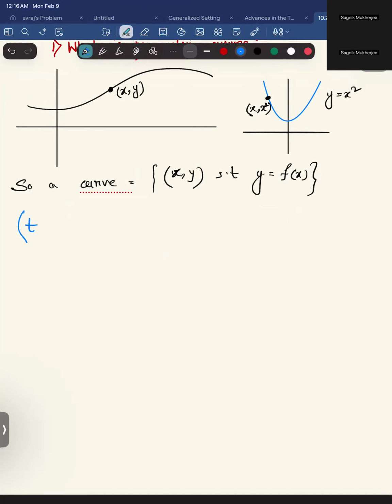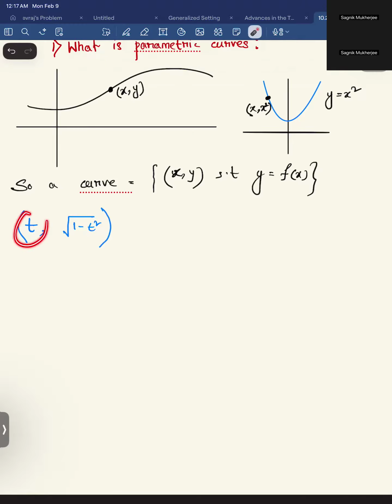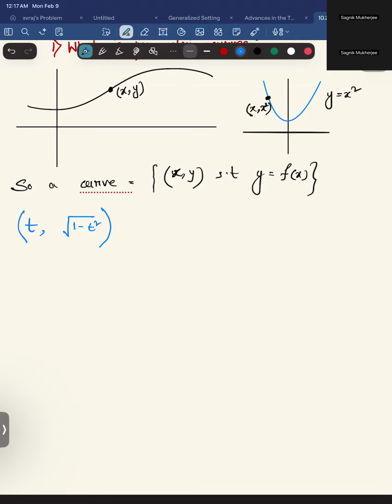For any real number t, we may consider t and the square root of 1 minus t squared. So this is the x coordinate, and this one is the y coordinate. And t can vary.